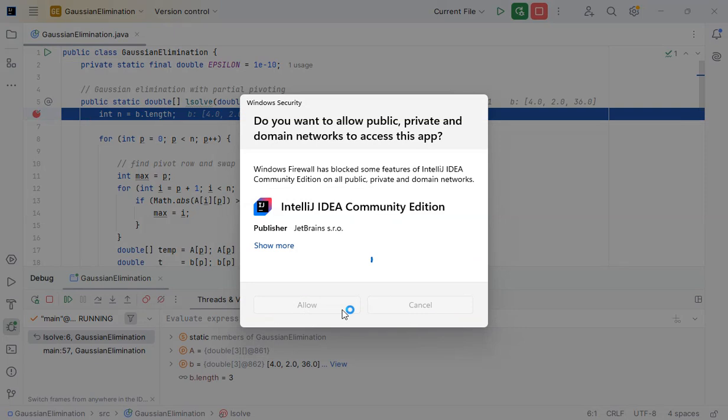But now it will be from 2. So if you go forward, P is 2. No, P is still 1. Why is it 1? We don't need to have P, we need to have I. And I is 2. Yes, you see, I is 2, because it's 1 plus 1. And yes, it is 2, so we go through.